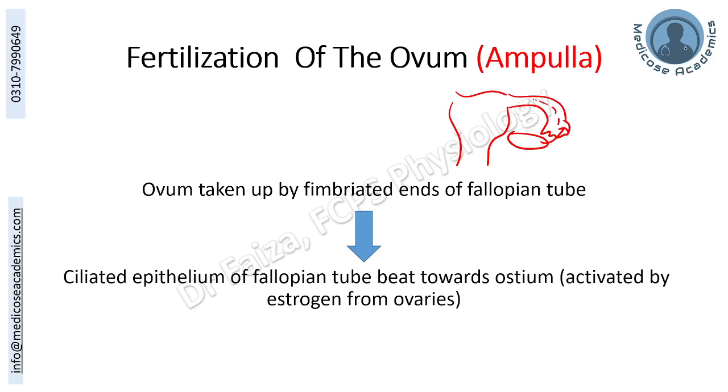Now they have to transport it over here to the uterine cavity, and this is possible because of the beating of the ciliated epithelium, and estrogen is responsible for enhancing this ciliary movement.